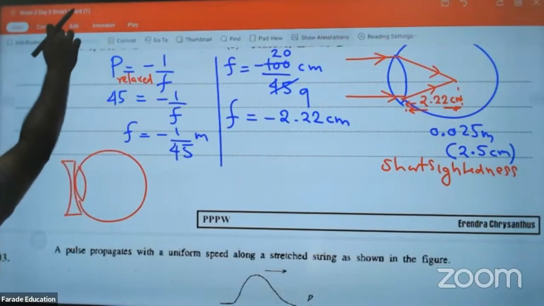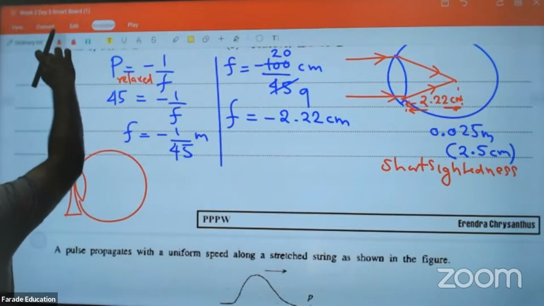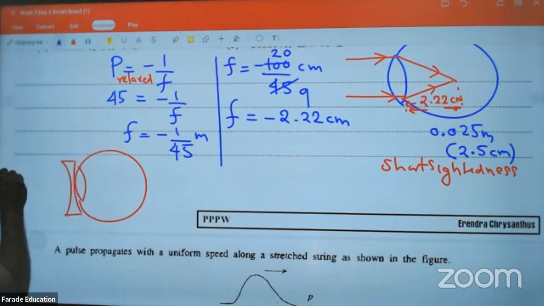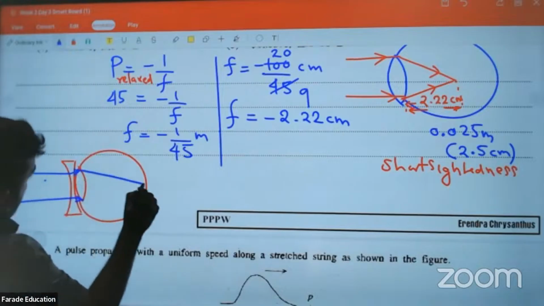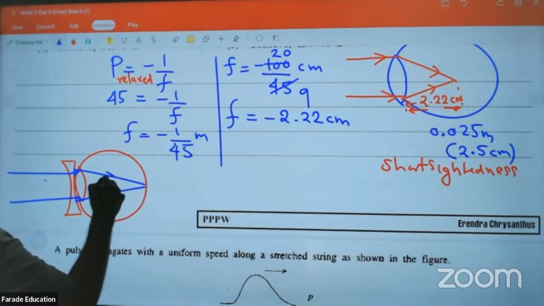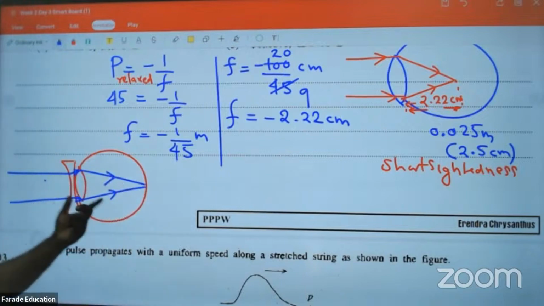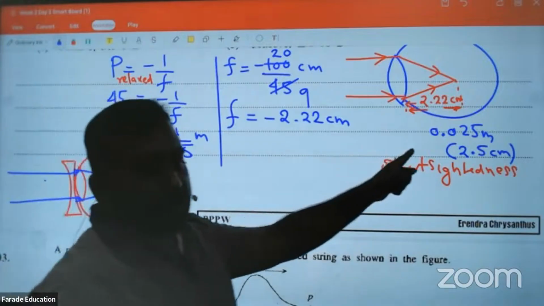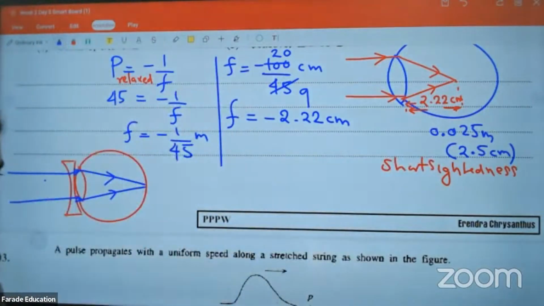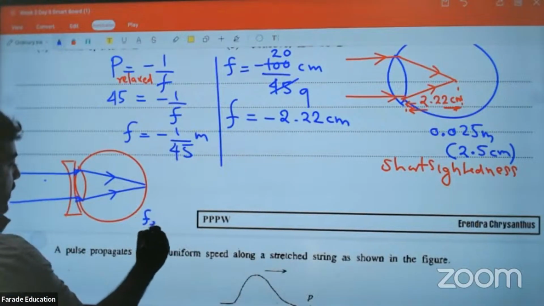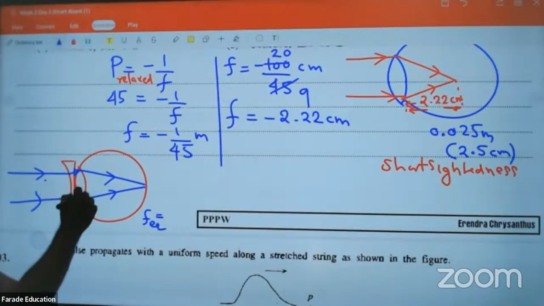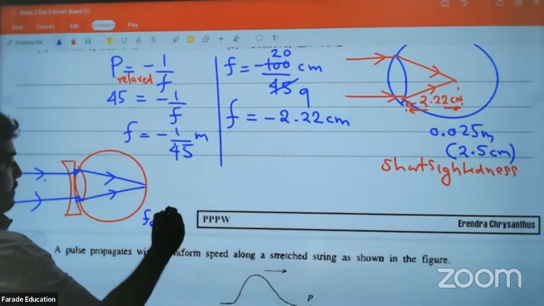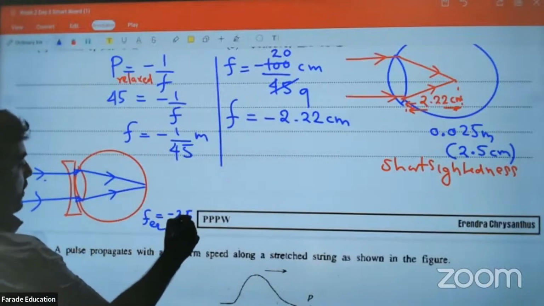So light rays coming from infinity will then converge on the retina. The effective focal length is 2.5 centimeters. Here, no need to calculate. You can see clearly, for light rays coming from infinity, the effective focal length is very simple, 2.5 centimeters.